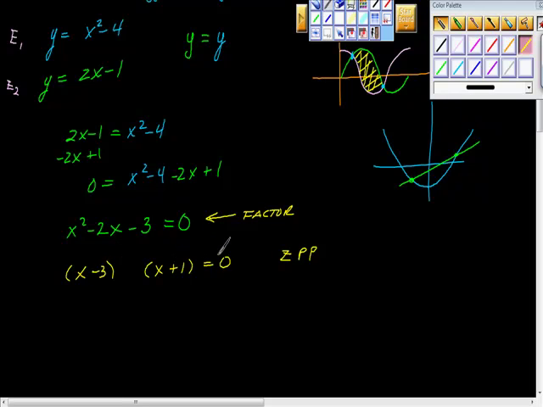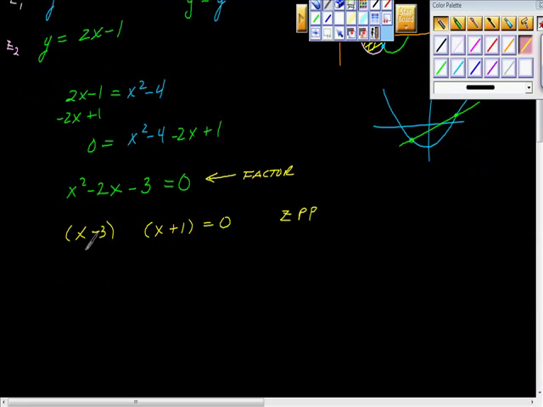The zero product property says if we multiply any number of factors together and the product is 0, at least one of the factors must have been 0. So I'm asking myself, when is x minus 3 equal to 0? It's when x is equal to 3. And when is x plus 1 equal to 0? The answer is x equals negative 1.